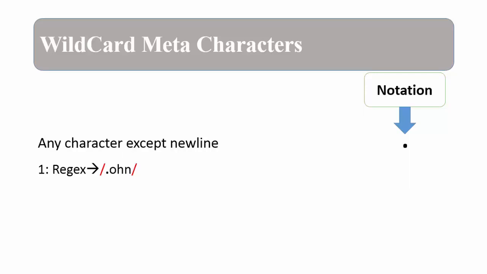So this regular expression of dot OHN will match John, and also this one will match Mon. So the first time we took J from the dot, then the second time we took M from the dot, meaning from the wildcard.